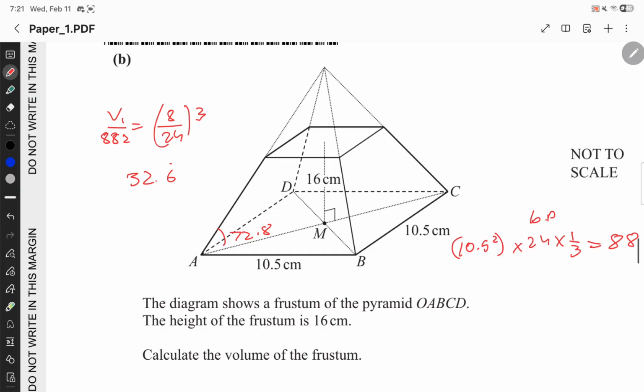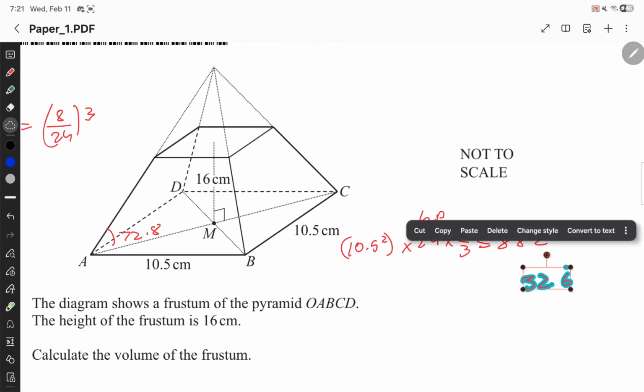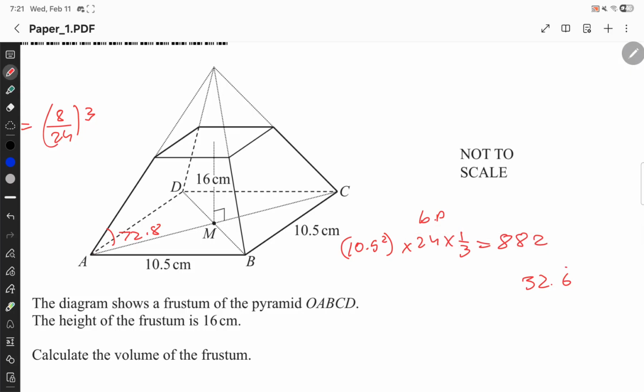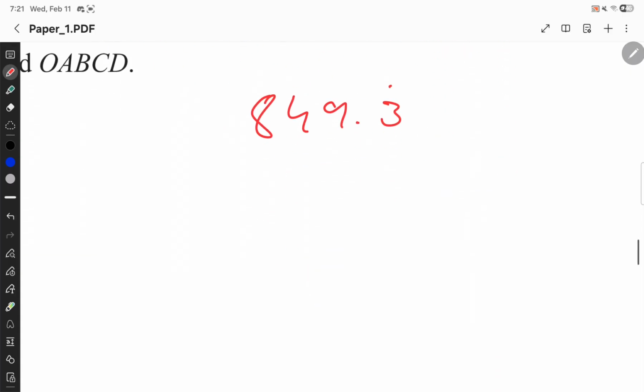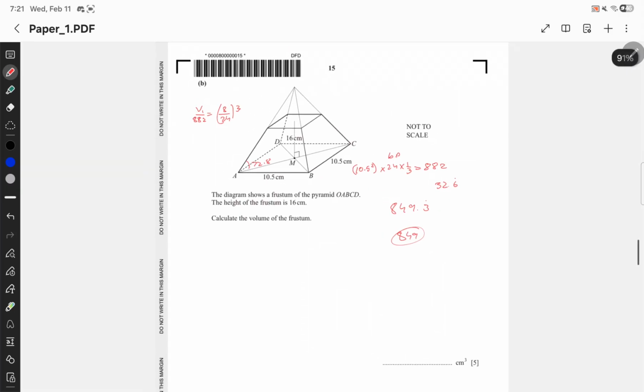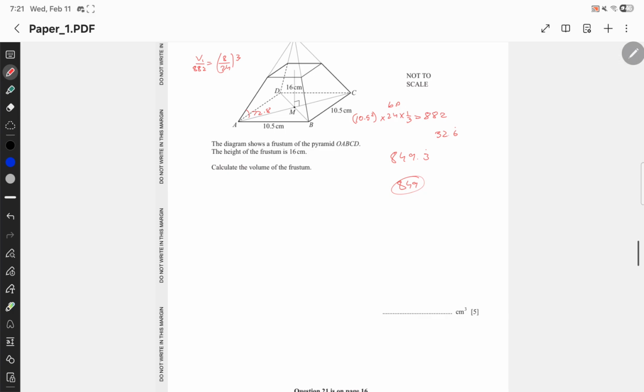Okay, next we finally subtract it. So we do 882 minus this entire fraction, and the answer is 849.3 repeating, which if we round it to 3 significant figures, 849 as a whole. There we go, 5 marks.